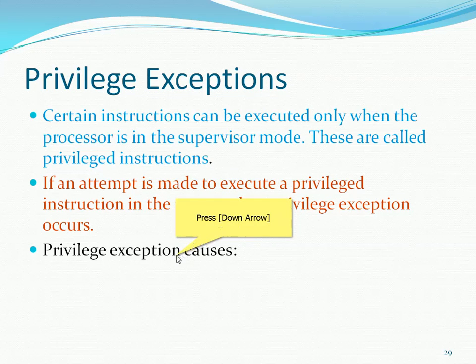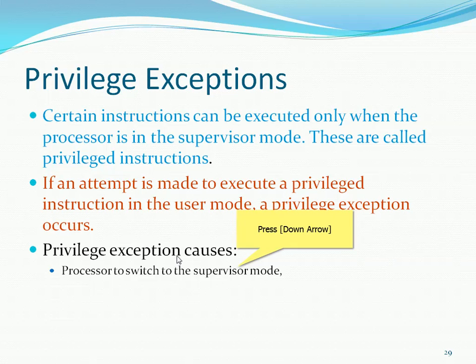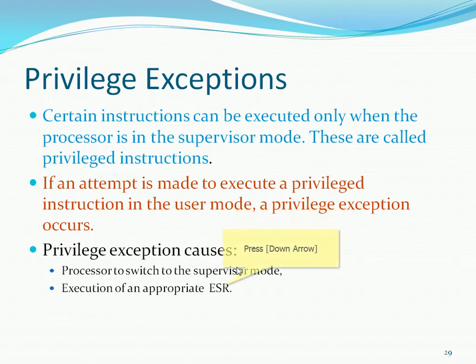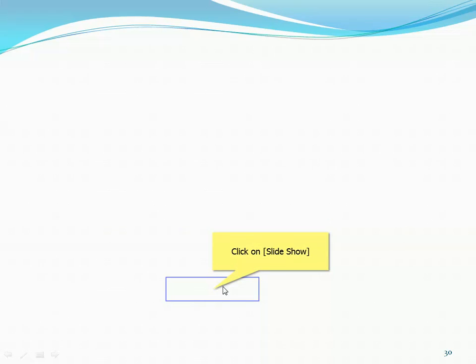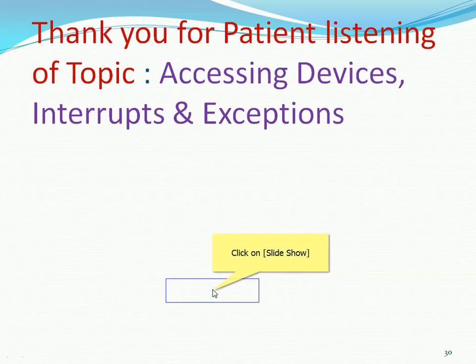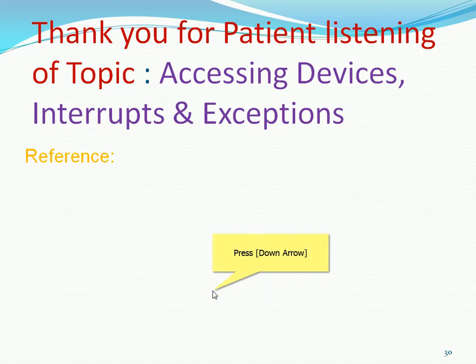The privilege exception causes the processor to switch to supervisor mode and execute an appropriate exception service routine. I hope you followed this concept of accessing IO devices, and interrupts and exceptions.